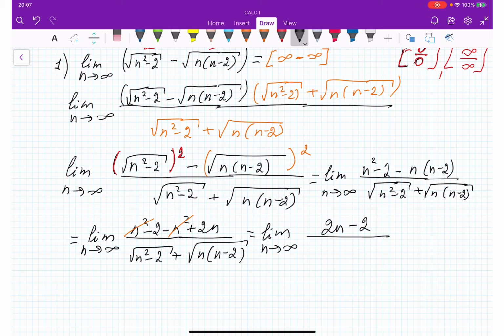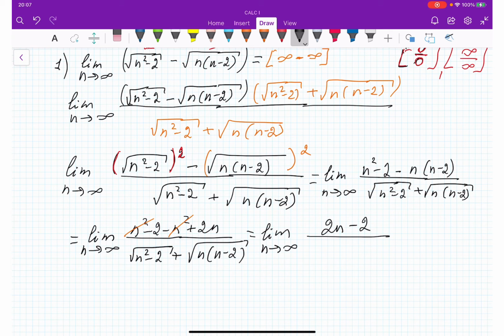Now in the denominator, since I'm going to do the same thing to the numerator, let me start with the denominator. In the denominator I have infinity plus infinity, so I'm going to make changes to get rid of infinity.